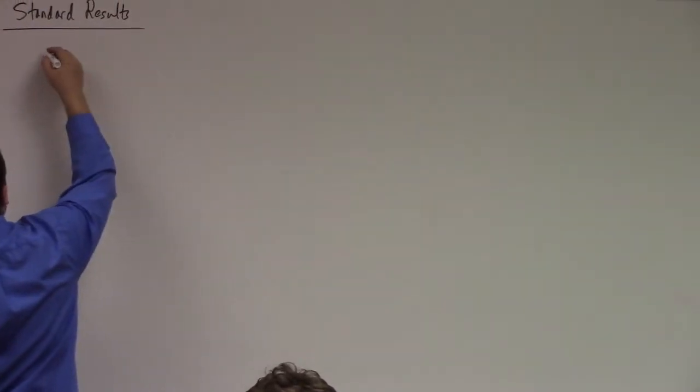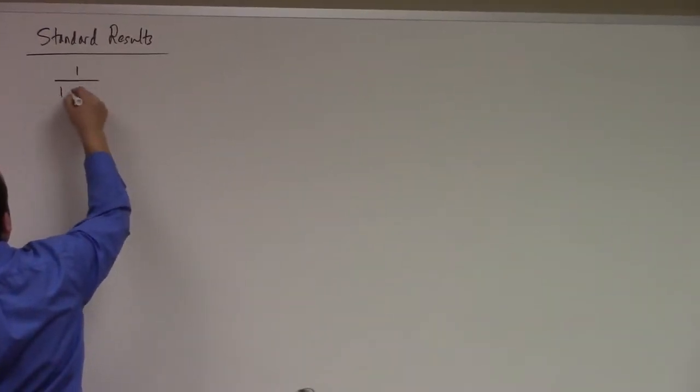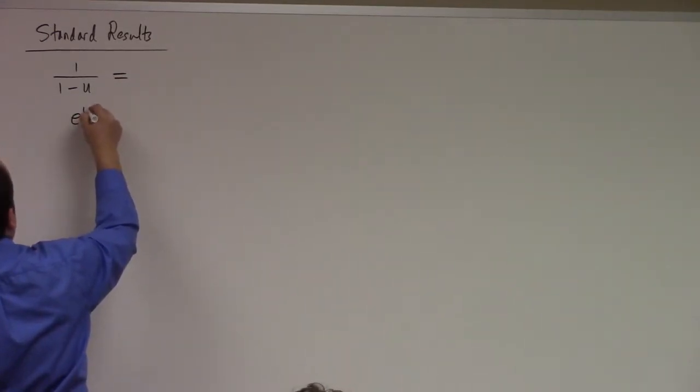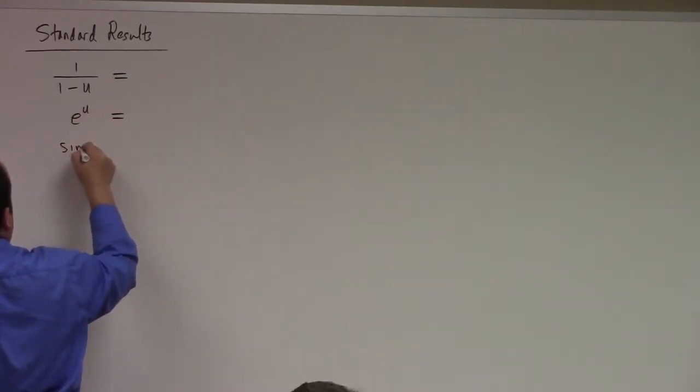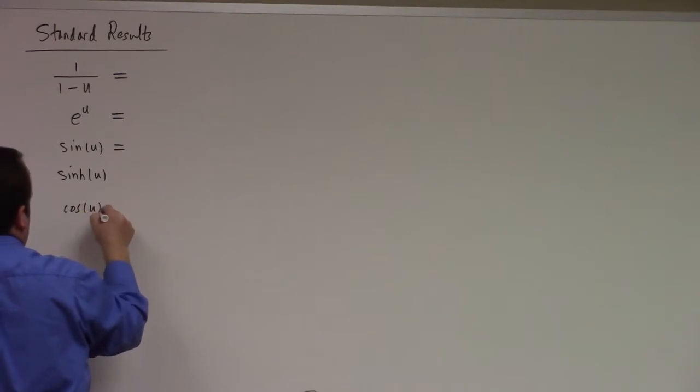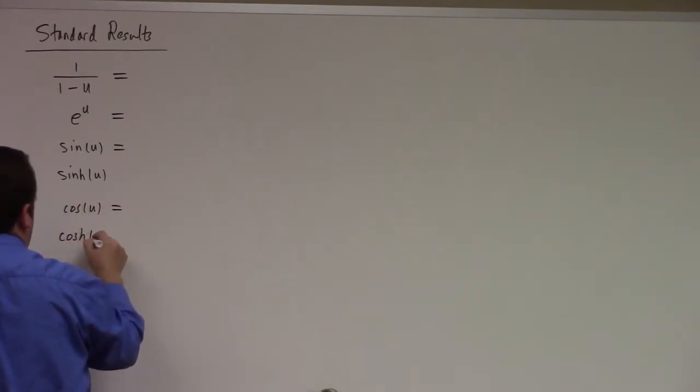Let's see here. How about this? 1 over 1 minus u, what's that equal to? e to the u, what's that equal to? Sine of u, what's that equal to? What's sinh of u equal to? What's cosine of u equal to? What's the cosh of u equal to?